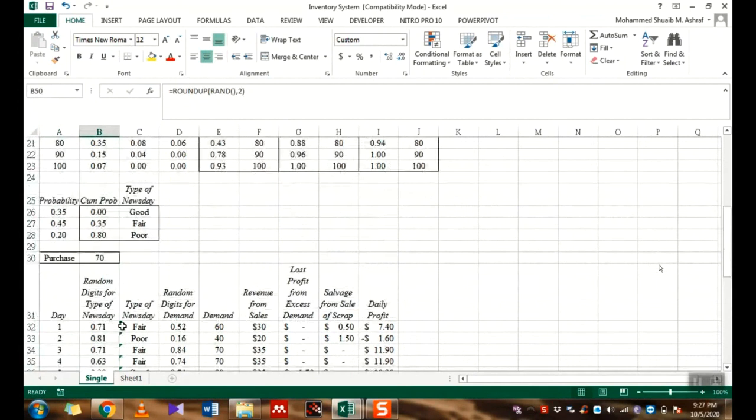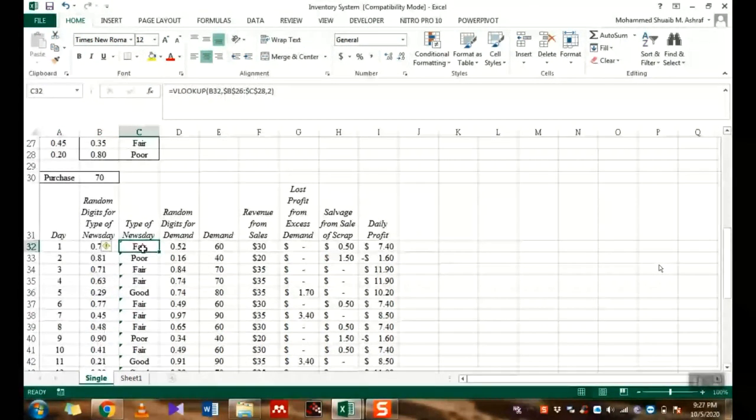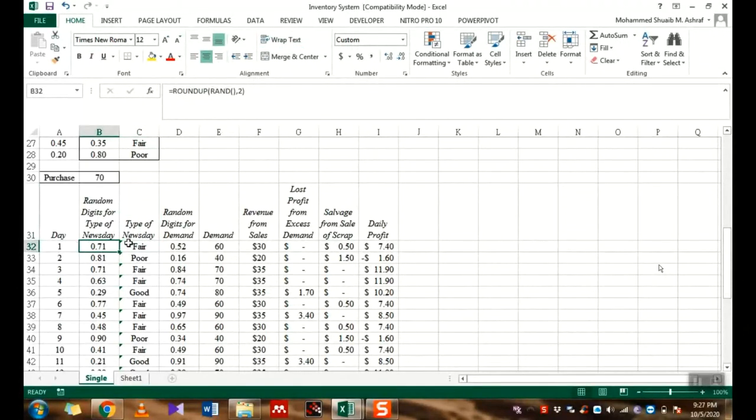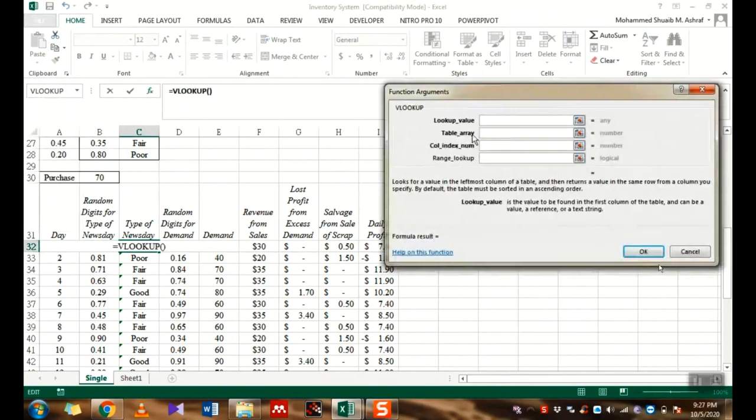Okay. Now, type of news day. We will compute the type of news day. For this, we will determine the type of news day for day 1 with this random number. So, as before, we will use what? Lookup function. The lookup value, we want to search this random number.